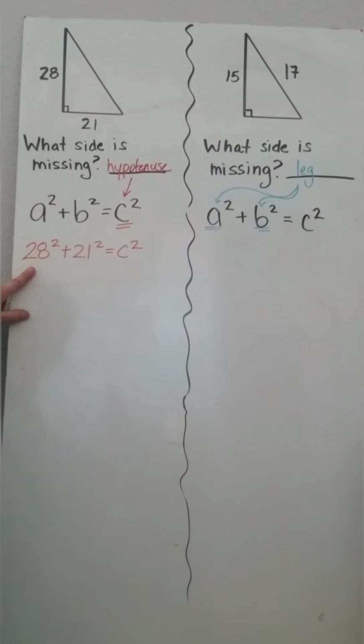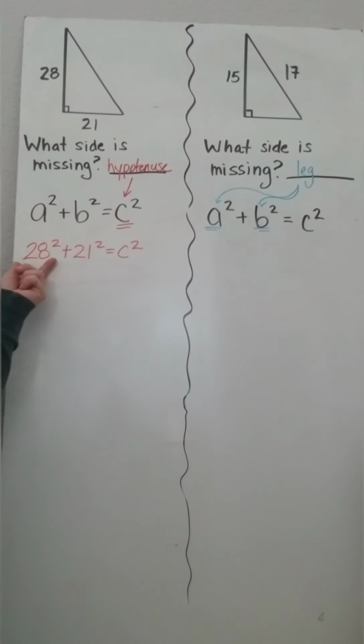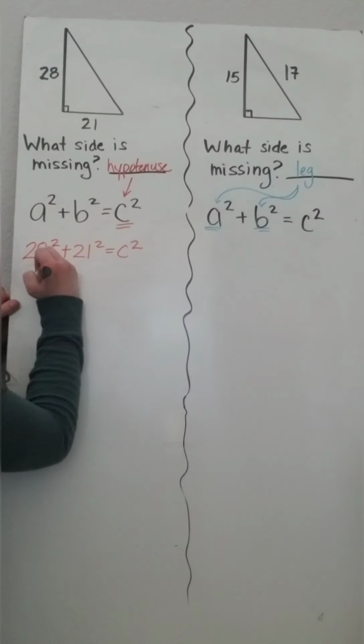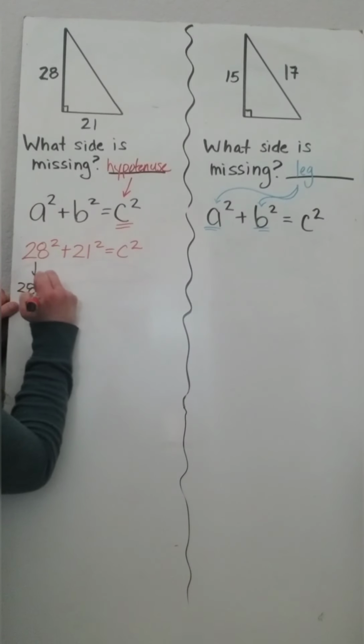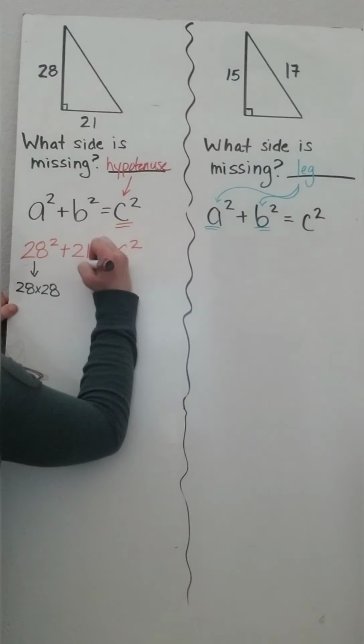equation I have. So I have 28 squared. That means that I'm doing 28 times 28. Whatever this base value is, you are going to multiply it by itself 2 times. So this is doing 28 times 28. Same thing with the 21.